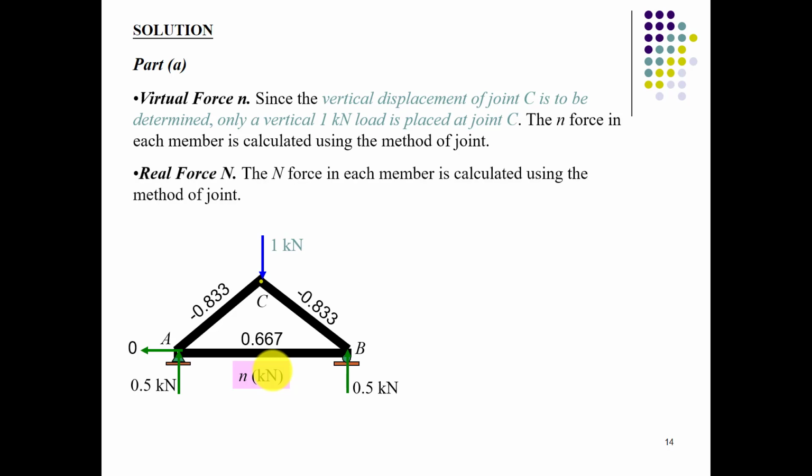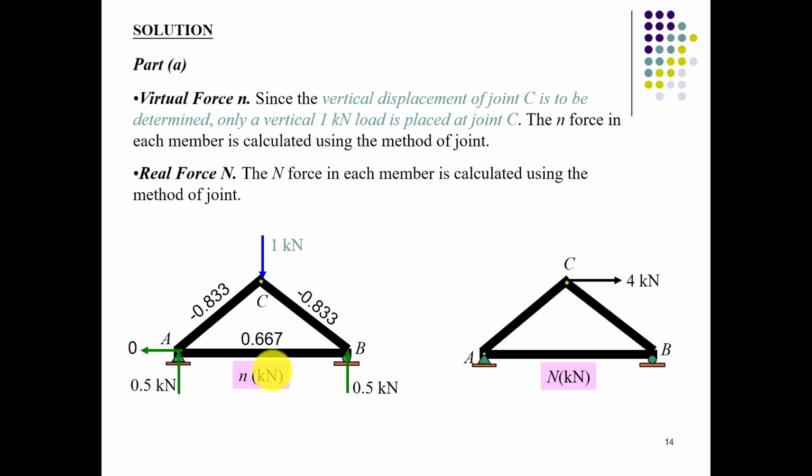So after the application of the virtual force, we will apply the real force, which is 4 kilonewton, acting rightward at point C. So we will determine the reactions upon the supports. These are the reactions. How can you calculate the reactions?